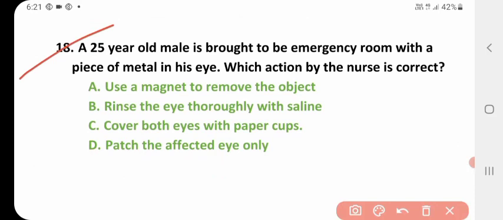A 25-year-old male is brought to the emergency room with a piece of metal in his eye. Which action by the nurse is correct? Use a magnet to remove the object, rinse the eye thoroughly with saline, cover both eyes with paper cups, patch the affected eye only. Option C, cover both eyes with paper cups.